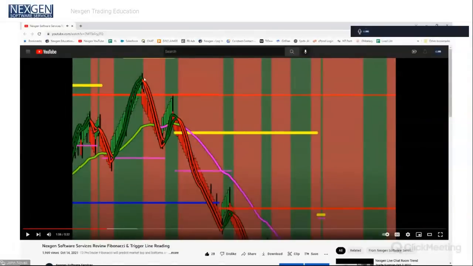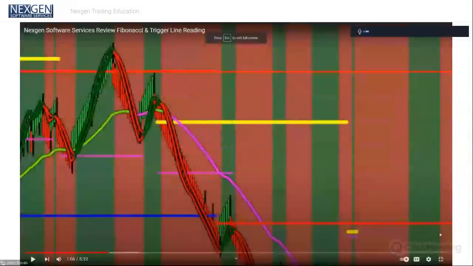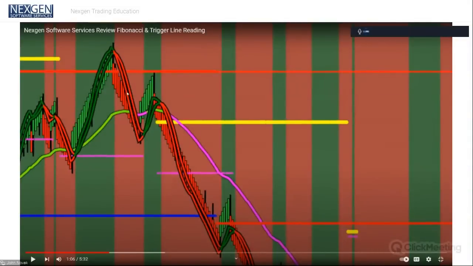And if the triggers are past a fib, we can take a shot. And if they're not past a fib, the fib's going to hold. I mean, that's pretty simple, right? If the triggers get past a fib, you can take a shot. If the triggers roll over again, then that's going to be the end of it. So, I mean, this is a really good 5-minute video. Everybody should watch it. Let me go back and watch it later.